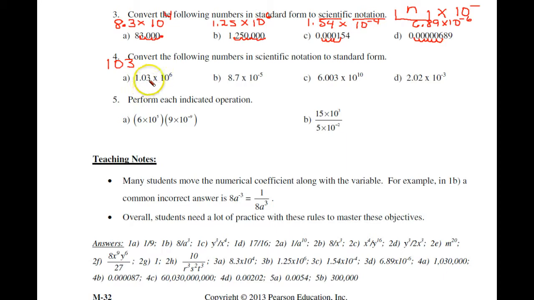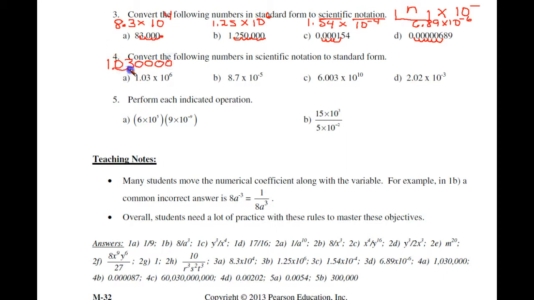Well, there's 2, so I'm starting there. And I need 6 decimal places to move it. So how many zeros do I add to get 6 places here? Well, I have to add 4 more zeros.